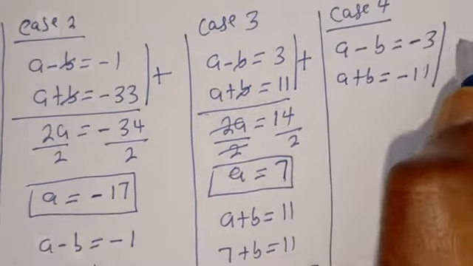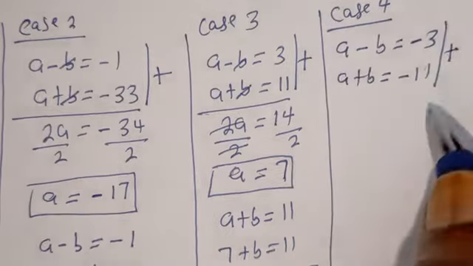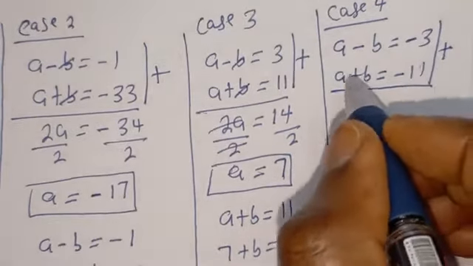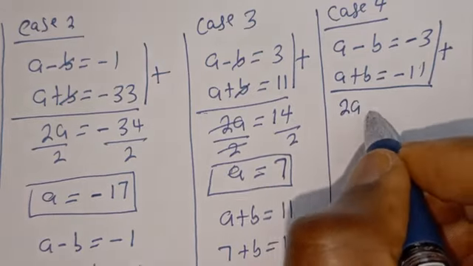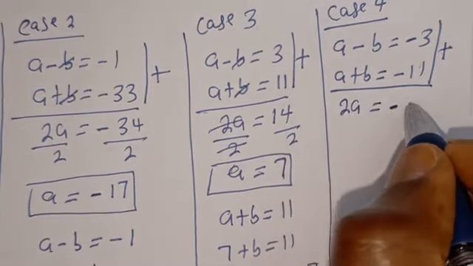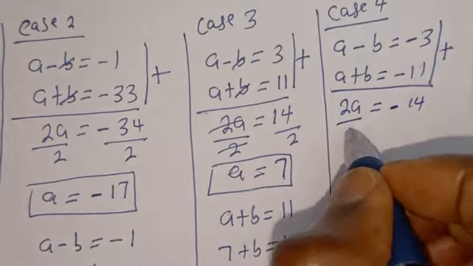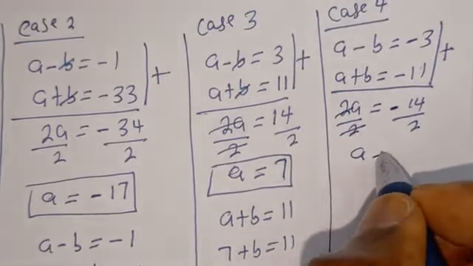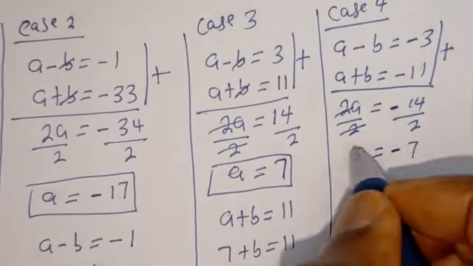Let's add the two equations together using the elimination method as usual. Then we have 2a is equal to minus 14, divided by 2, so a is equal to minus 7.